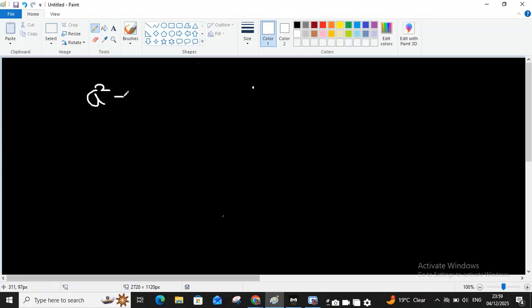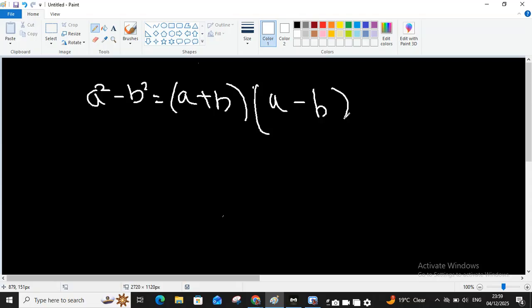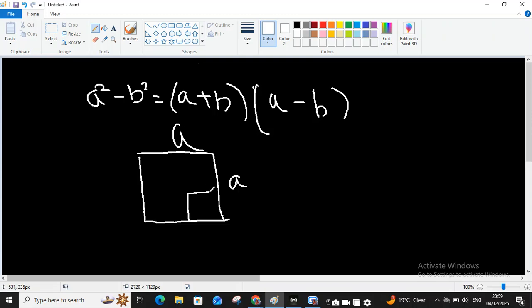Let me give you an idea about completing the square. You all know that a squared minus b squared is equal to (a plus b)(a minus b). Most of you have memorized it, but you must actually feel it through the completing the square method. It's a basic fundamental. Observe a square with side a, and I am cutting off a small square with side b.